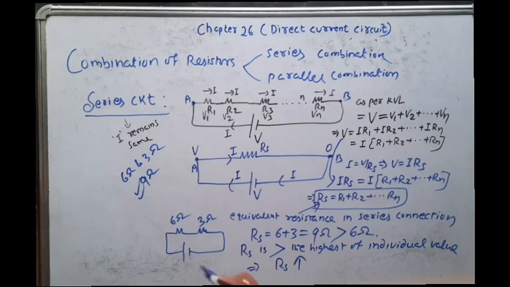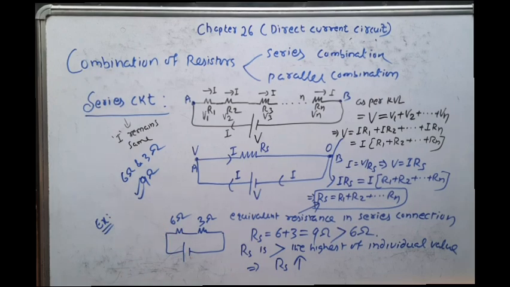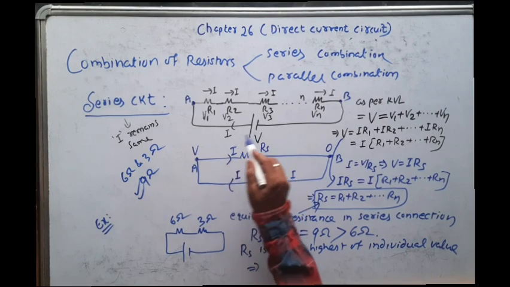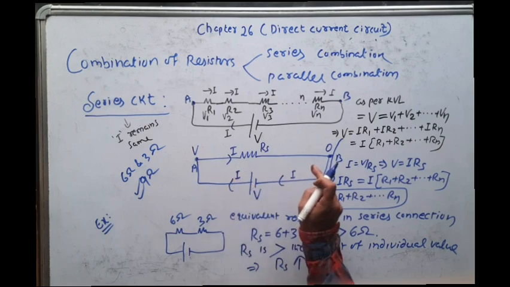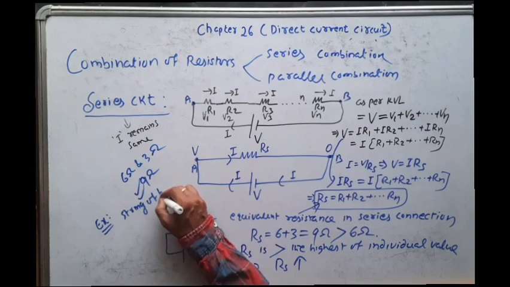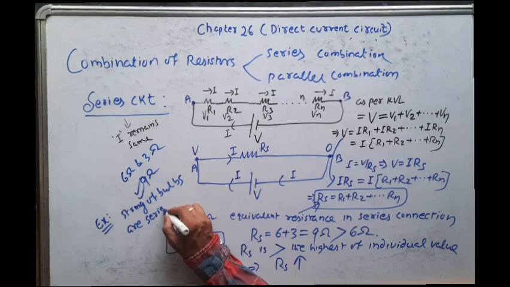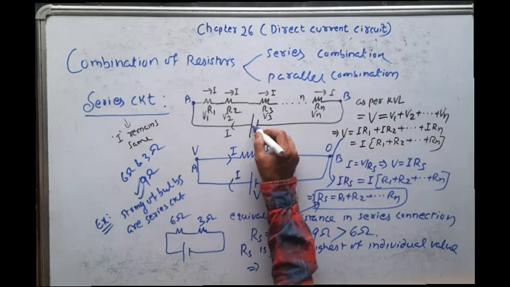So what is the example of a series circuit? Now you see, in a marriage function or any other function, you have marked there are various small bulbs connected in series. That string of bulbs is which circuit? Series circuit. Suppose you are connecting very low voltage bulbs. Suppose each bulb rating is 1 volt and you have a 100 volt supply.